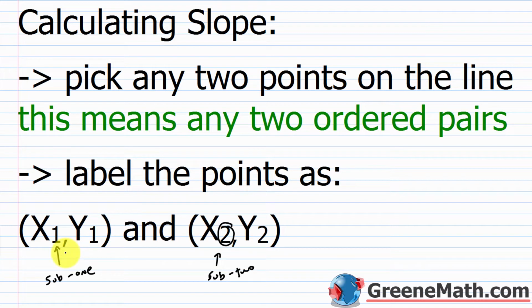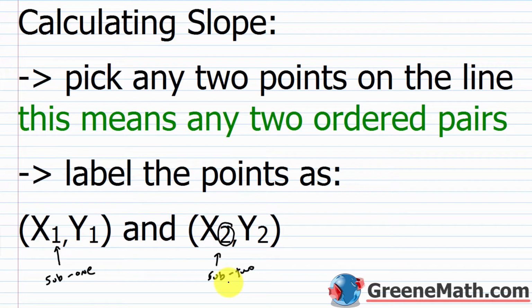In a lot of math, I can just pick a different letter every time I have something else I'm representing. But here, because the x value is the value that corresponds to the horizontal axis, I've got to be consistent. I can't say I have x and then some variable named z. That wouldn't make any sense. So we have to have two different x values, and to separate them, we use sub 1 and sub 2.